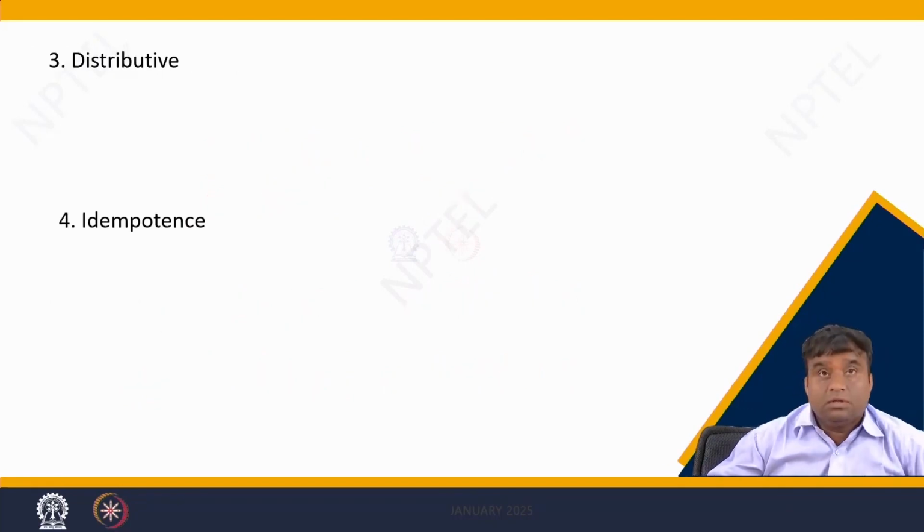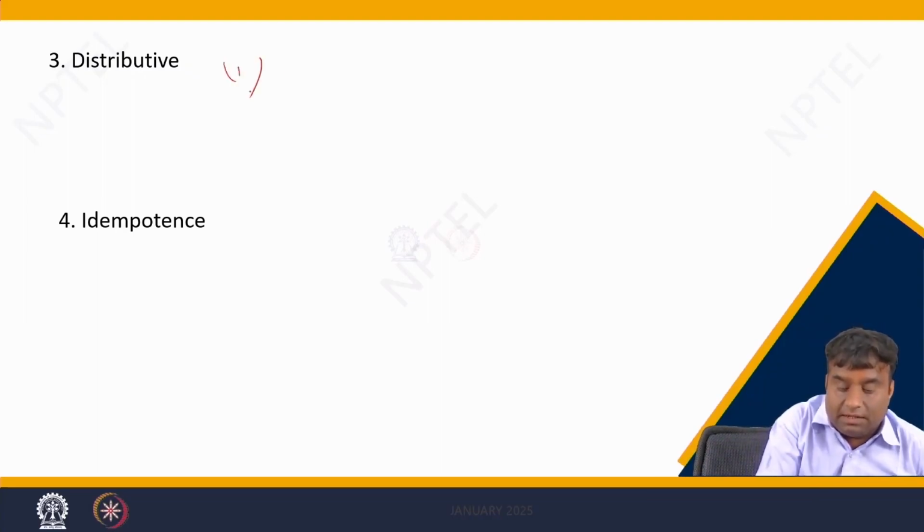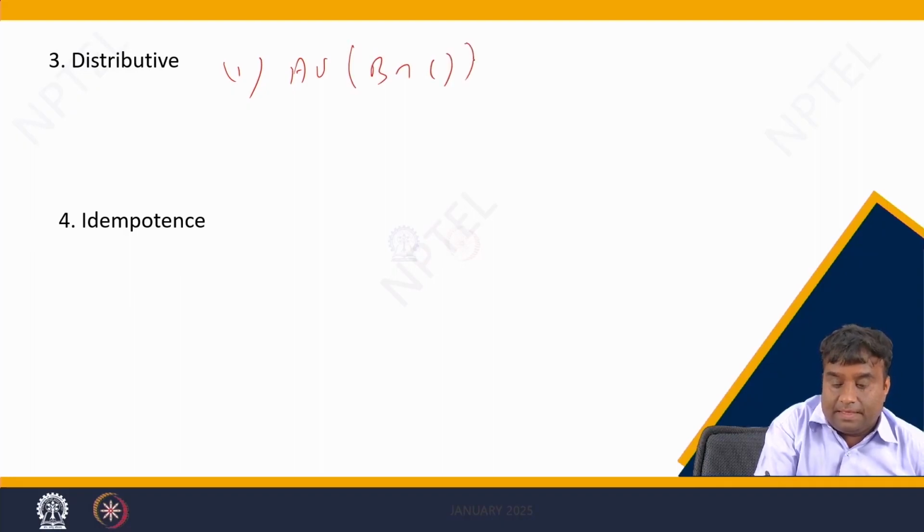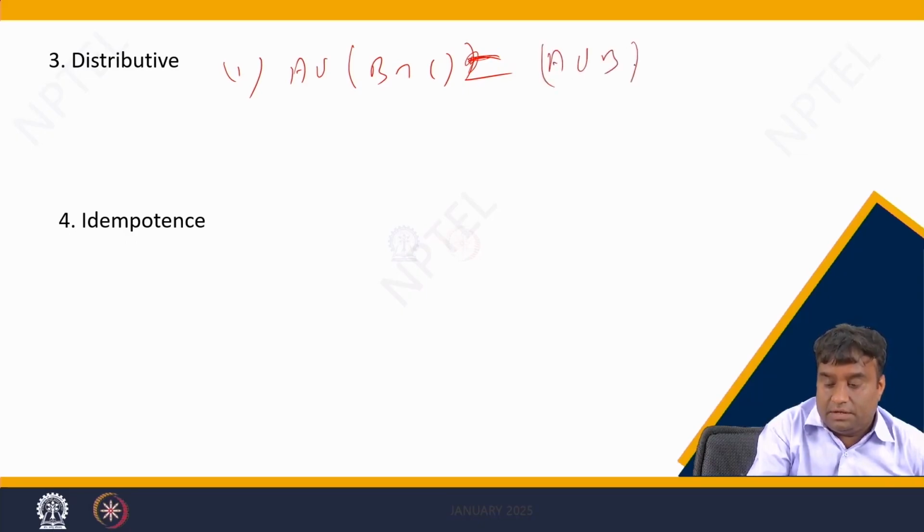Now the distributive property. A union (B intersection C) is equal to (A union B) intersection (A union C).